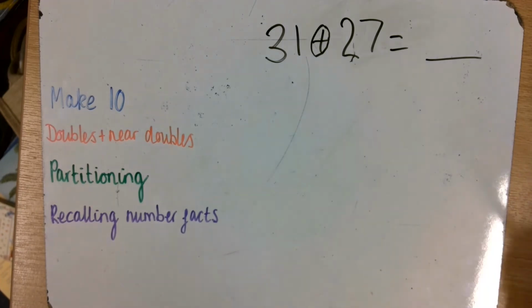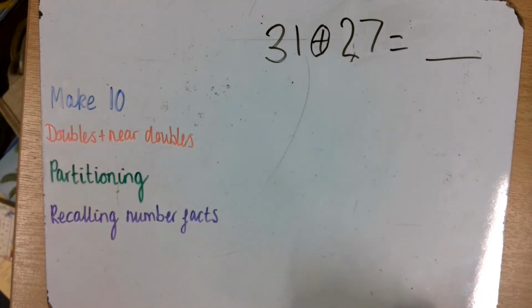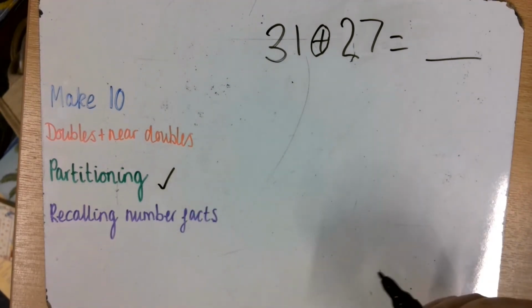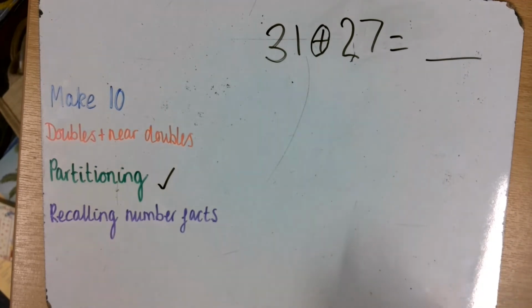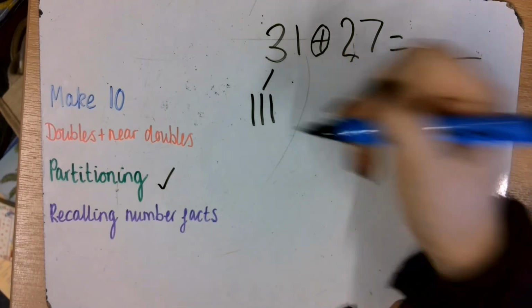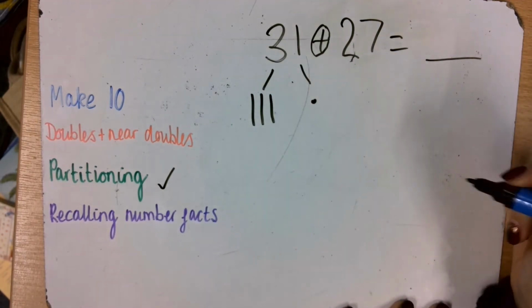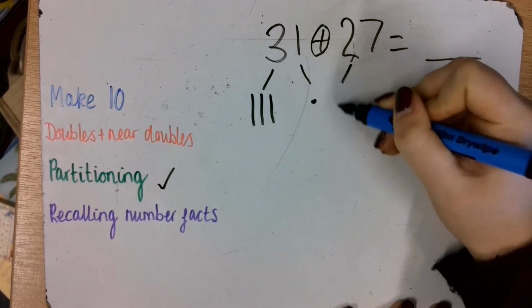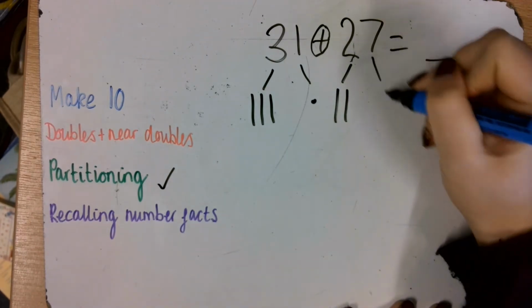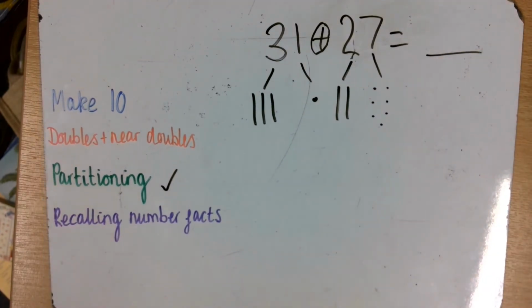Now, it might be that you are confident in using your number facts to just spot the facts that you can use to solve this 2-digit equation, but partitioning, which means breaking the numbers down into their tens and ones, can also be really helpful to check. So 31 has 1, 2, 3 tens and 1 one. 27 has 2 tens and 1, 2, 3, 4, 5, 6, 7 ones.